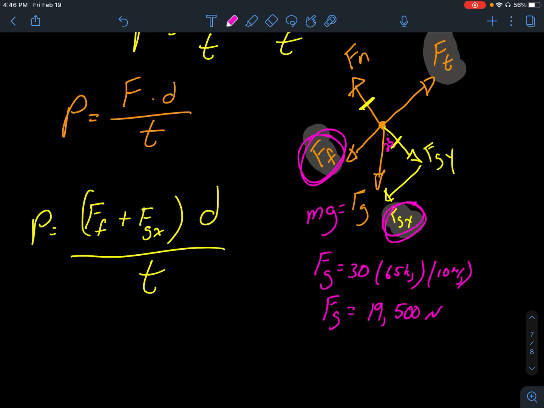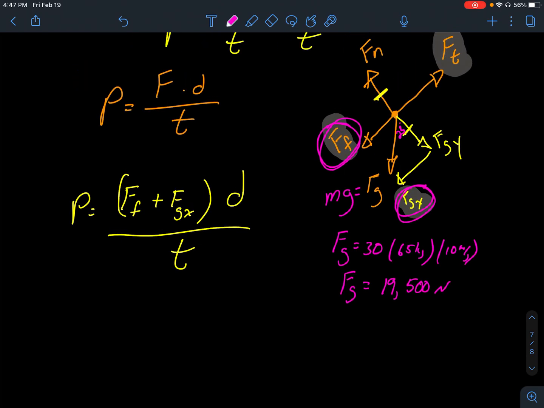But we need to know a component of that. So this is how I kind of went through and did it. Power is force of friction... no, I did it the opposite way. It doesn't matter.